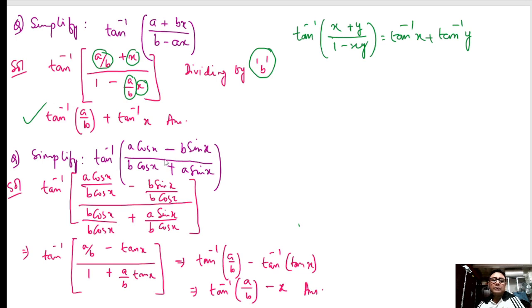Simplify this. So let us do one thing. Let us divide it by b cos x, dividing up and down by b cos x.